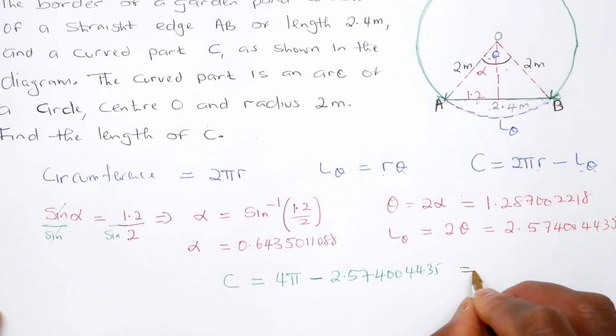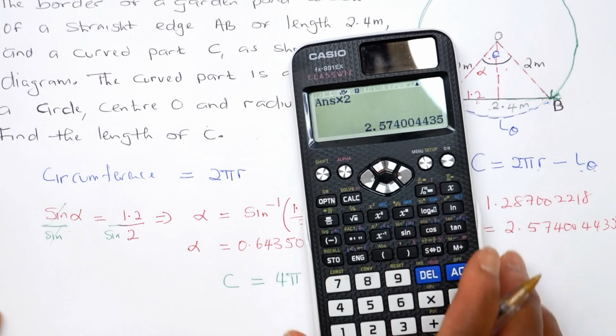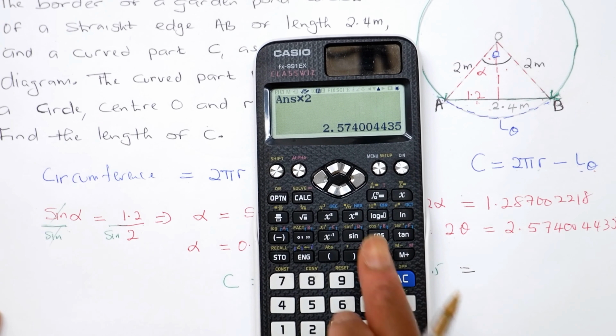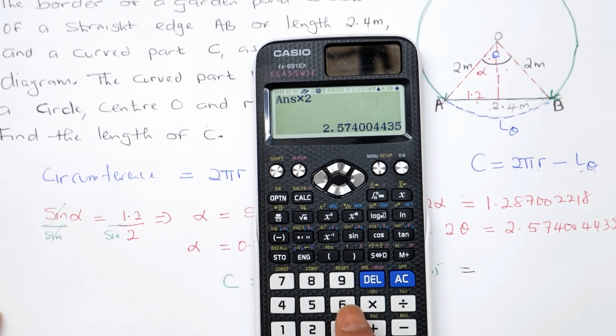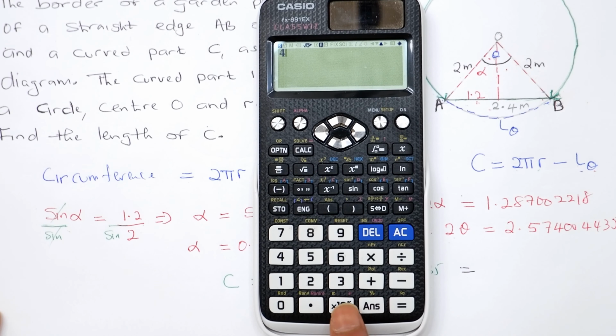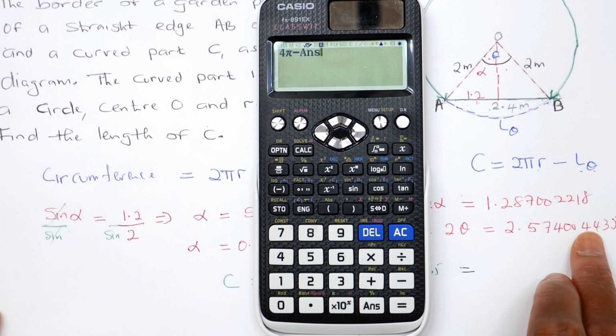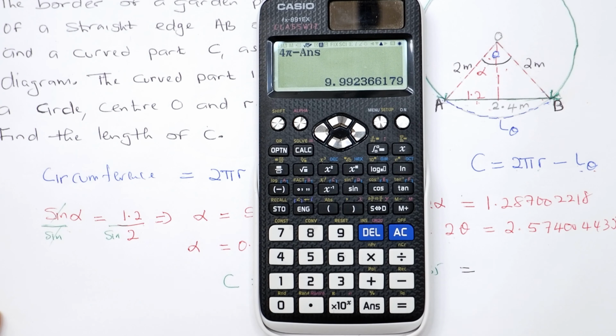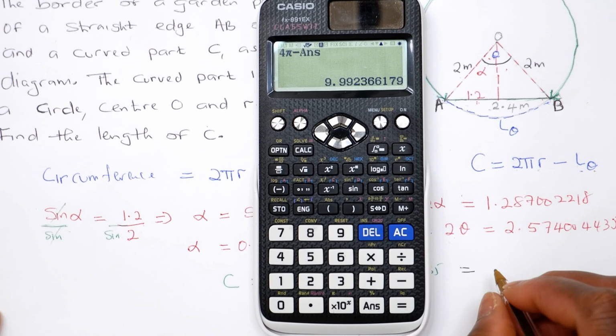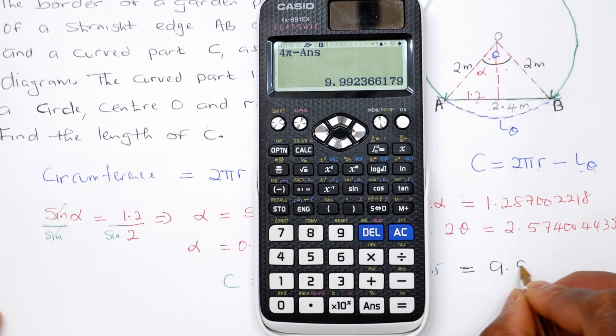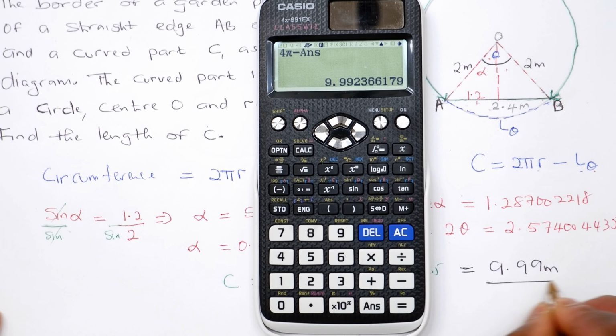If I bring that to the calculator, I do 4 shift pi, minus the answer, 2.574004435, and I get 9.99. So to 3 significant figures, that will be 9.99 meters.